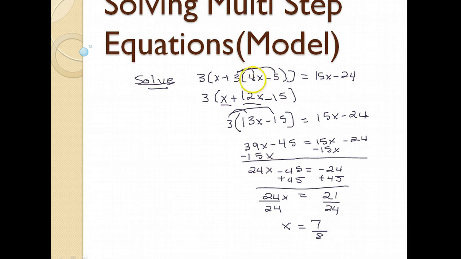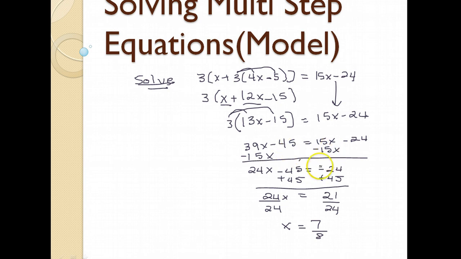I'm going to go back and check my work. 3 times 4x is 12x. 3 times negative 5 is negative 15. Okay, combine. That helps me drop that innermost parentheses because that's what I distributed. Combine like terms. x plus 12x is 13x minus 15. Bring this down because I didn't do anything to it. Distribute the 3. 13x times 3 is 39x, minus 45. Keep this on the right side.